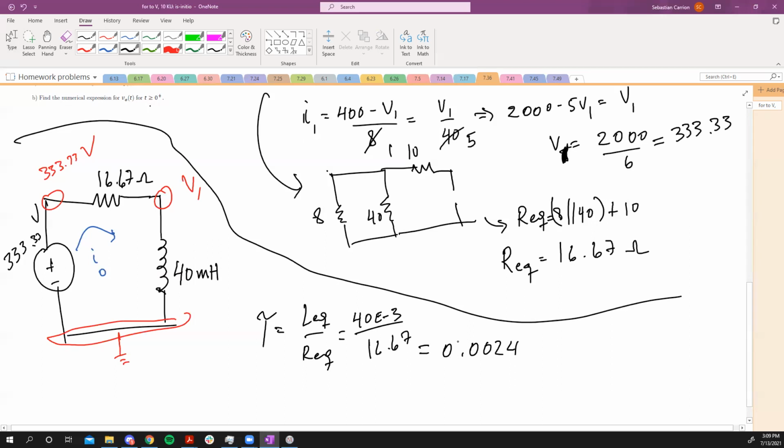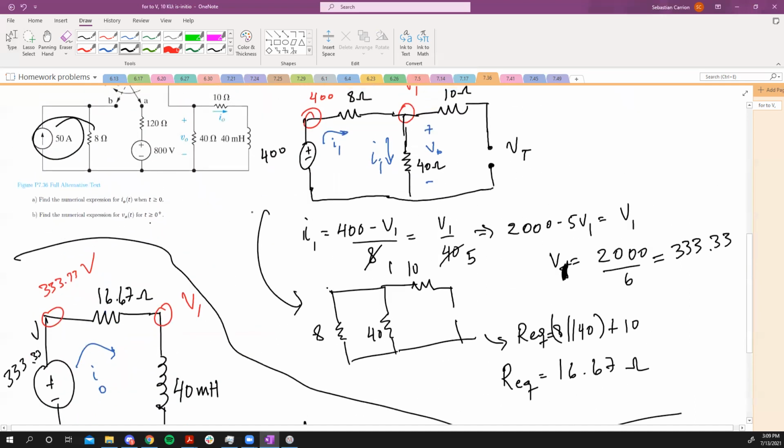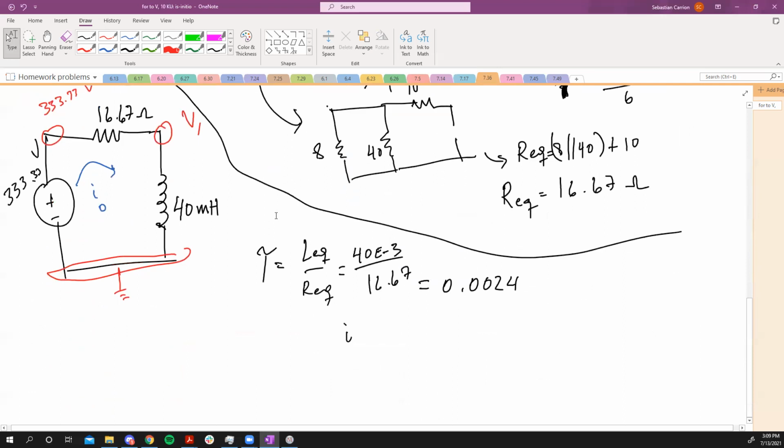So then our current, yeah, this is all for our current. Yes, current I naught is going to be equal to 333.33 over 16.67.